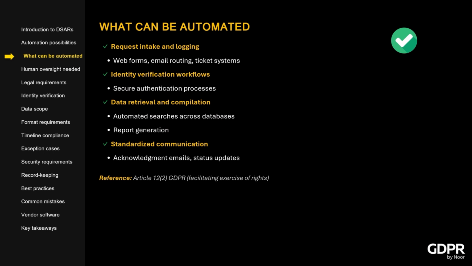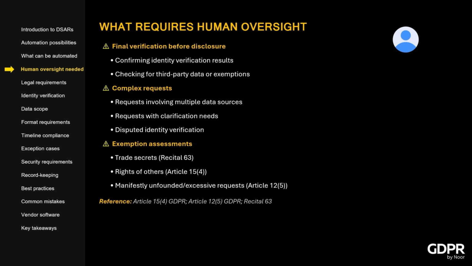All of this supports the Article 12 requirement to facilitate rights by making the process faster, more reliable, and more efficient. Some DSAR steps still require human oversight. Final disclosure check: a human must review identity verification and the package before release. Automated errors here risk disclosing someone else's data. Complex requests involving unclear scope, multiple data sources, or identity doubt need human judgment. Automated systems should flag and escalate these cases.